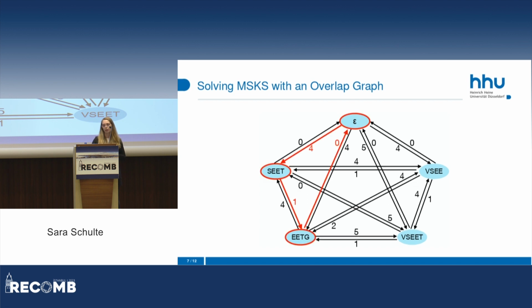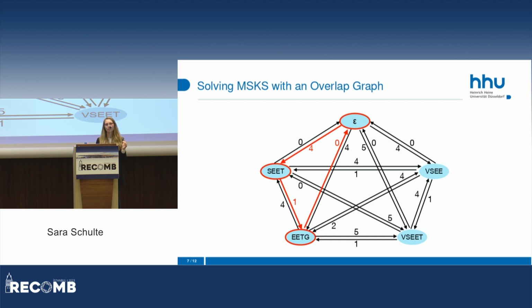And now to find a maximum scoring k-Superstring, we would be searching for a cycle starting from the root node through this overlap graph, where the length of the cycle is at most k, and the visited nodes correspond to a set of peptides that maximize population coverage.